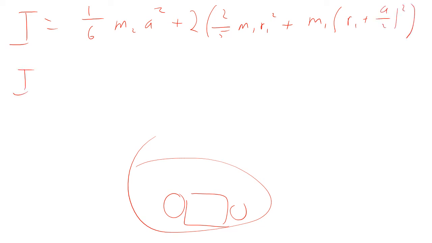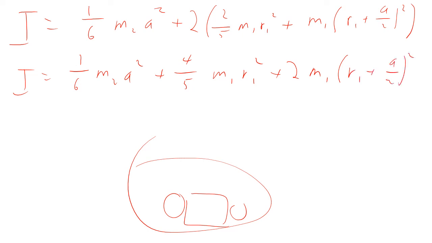So this is going to be equal to 1/6 m2 a squared plus 4/5 m1 r1 squared plus 2 m1 (r1 plus a over 2) squared.